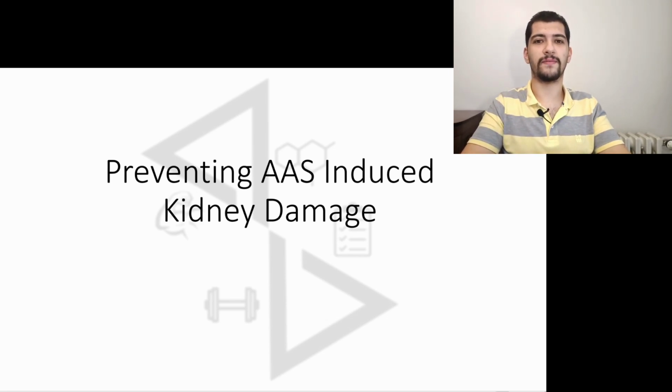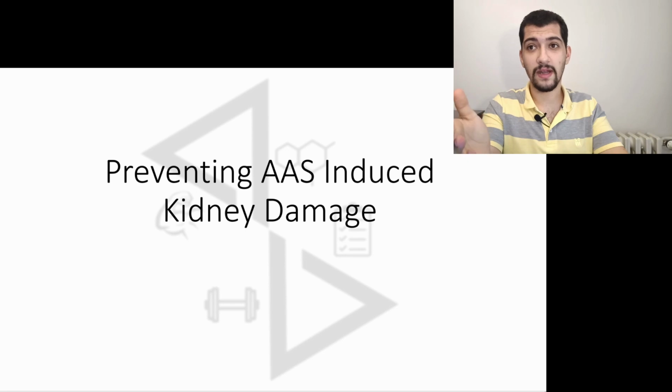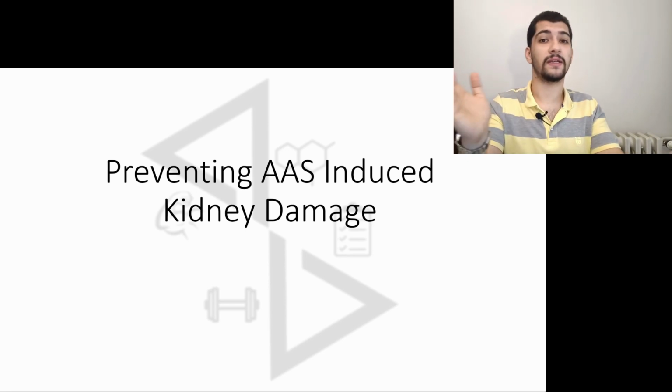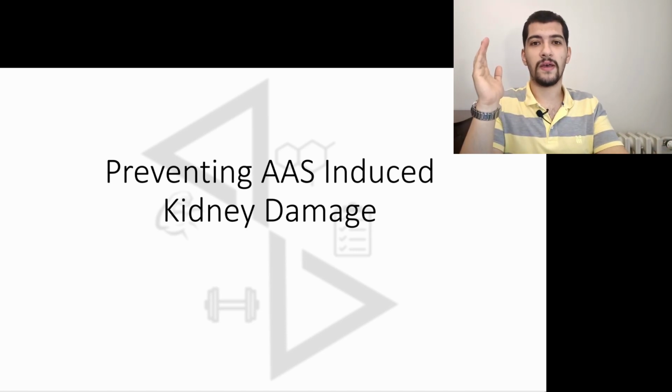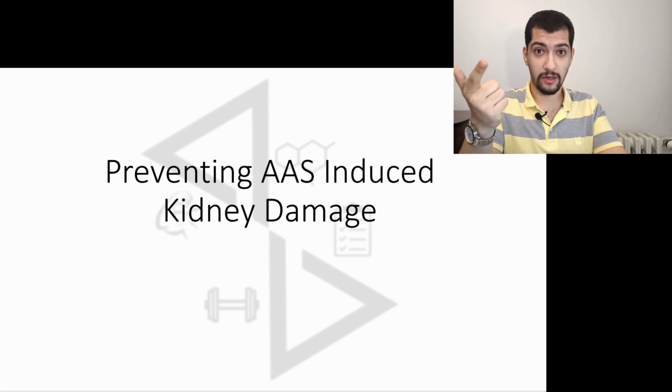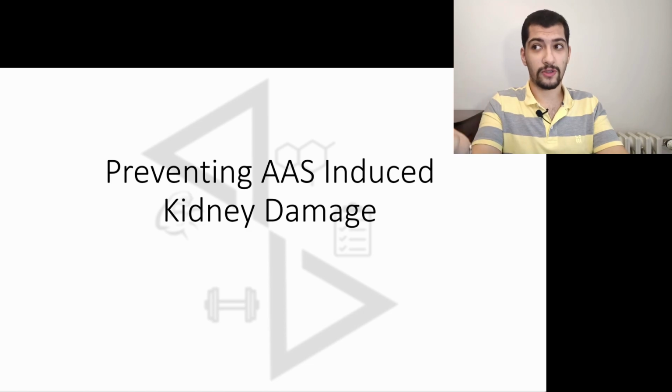And as I've said, steroids, like anabolic steroids, do cause kidney damage by indirect and direct mechanisms. What is the direct mechanism? It's the actual nephrotoxicity, like drugs like equipoise, and anecdotally we know that trenbolone is nephrotoxic.